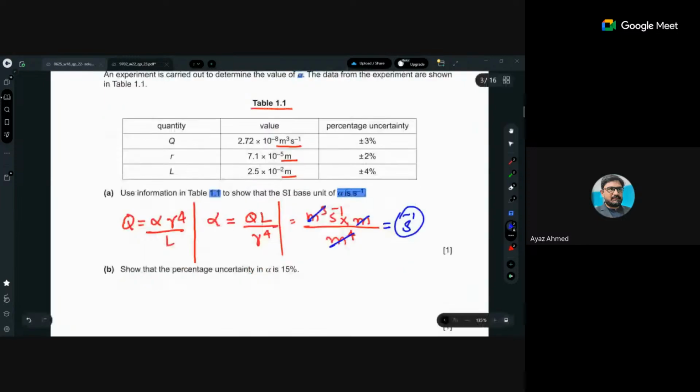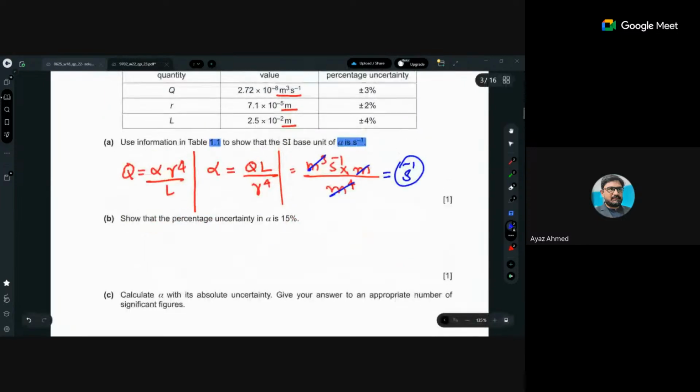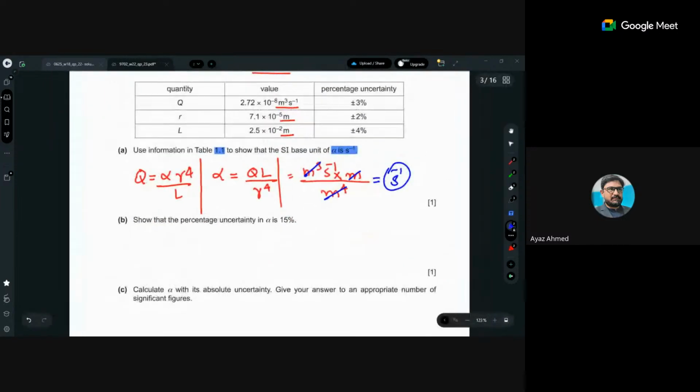Then in the next part it is asked, show that the percentage uncertainty in alpha is 15%. As I made alpha the subject, it is obvious that alpha depends upon three physical quantities, q, R and L, and for all of those we have their percentage uncertainties.